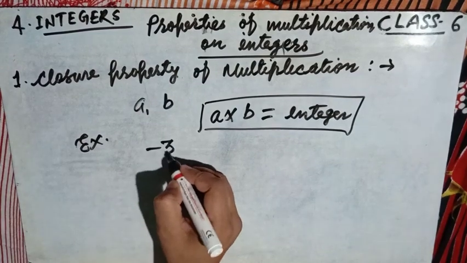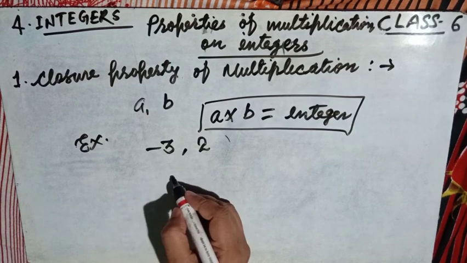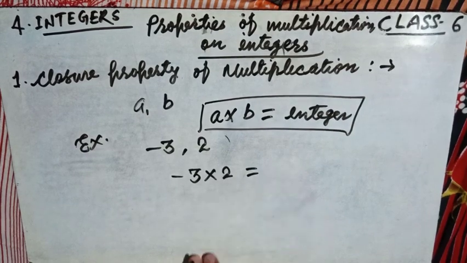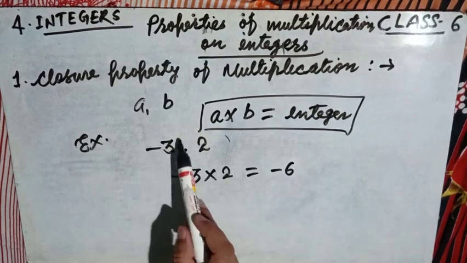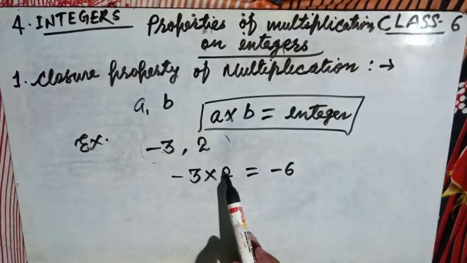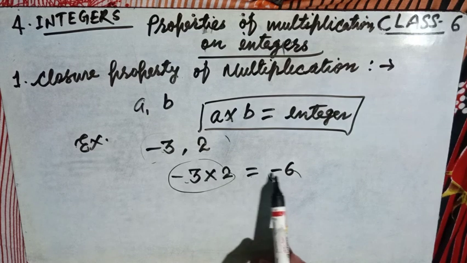Suppose -3 and +2, both integers. Their product is also an integer. Have a look, -3 and +2, both numbers are integers, and their product is also an integer. Integer multiplied by integer is equal to integer.